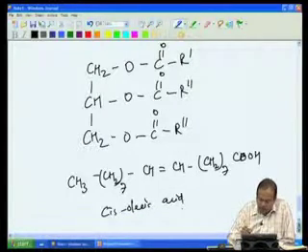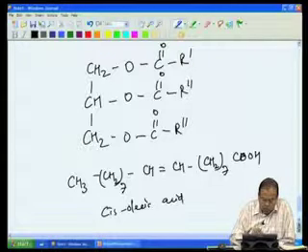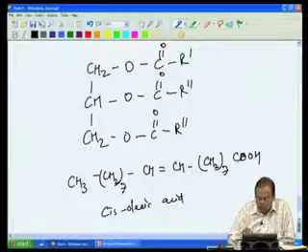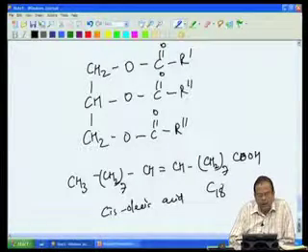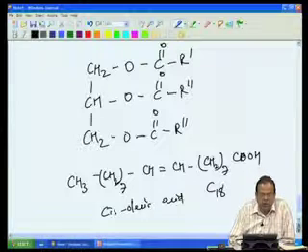So, long chain. The total number of carbons is 1, 2, 7, 8, 9, 10, 17, 18, C18. Okay. And there are various versions of this.